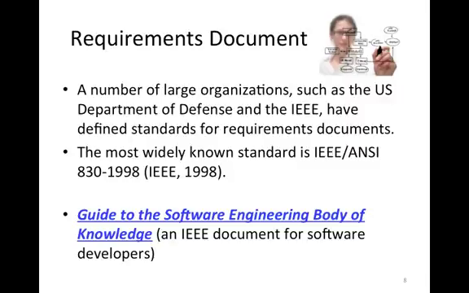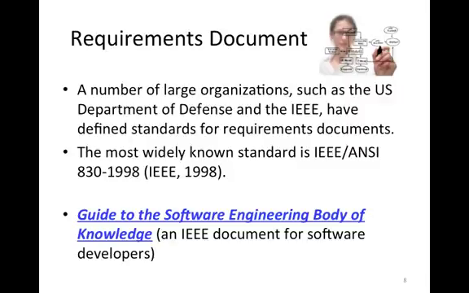And the Department of Defense and IEEE, which is, for those of you who don't know, the Institute of Electrical and Electronics Engineers. And IEEE is one of the largest professional organizations for computer professionals. There's journals, they have conferences, all sorts of things. It's a really large organization, and if you're interested, you can look them up. They're totally an interesting group.